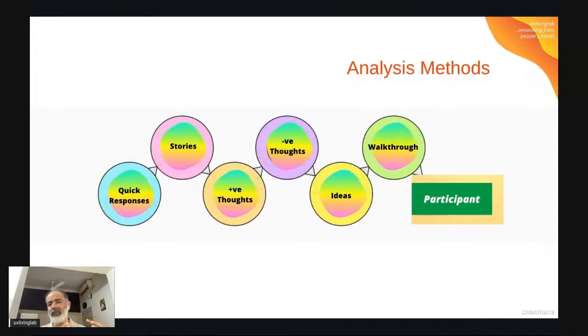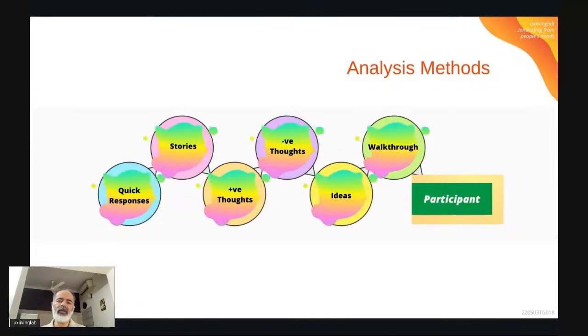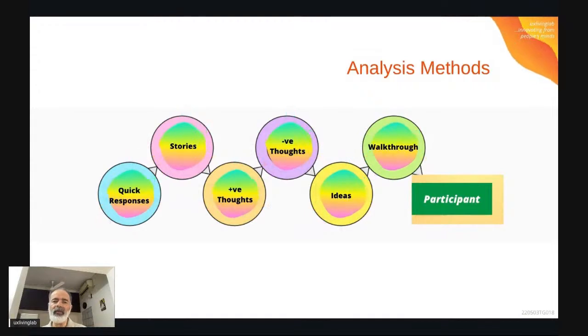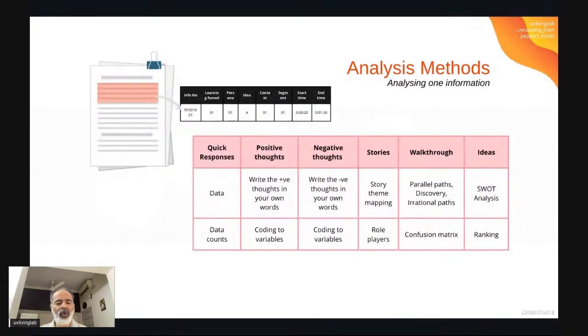The first step, we are grouping all this information for matching the persona and segments. Now we are regrouping the deck for analysis. Okay, so what is happening here? I already said that you have this data, then quick responses. A quick response is always data.